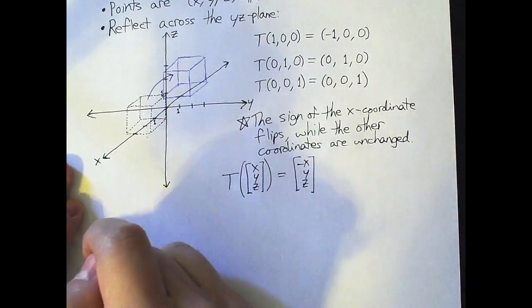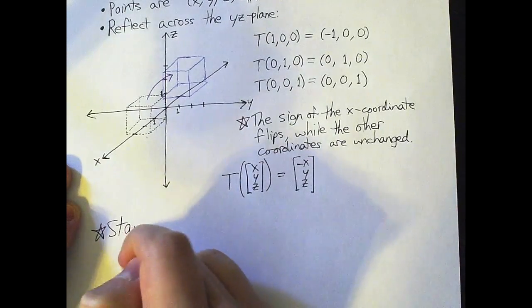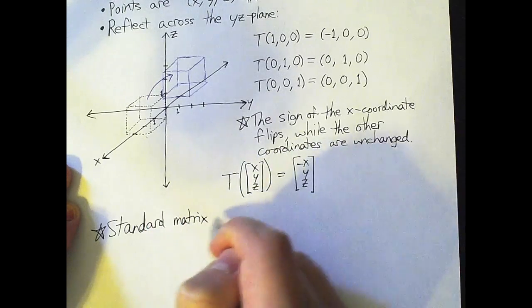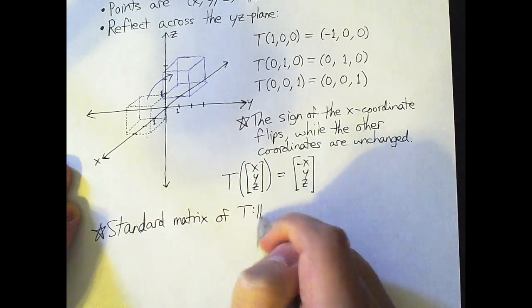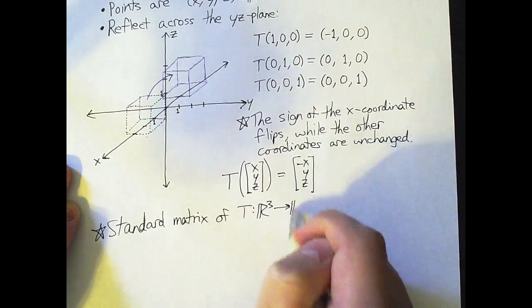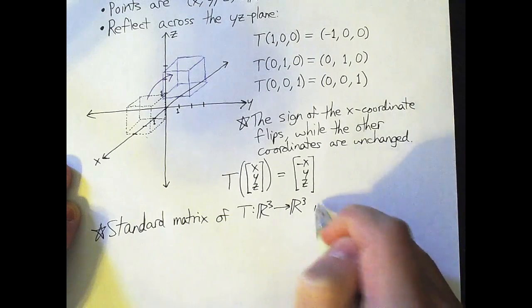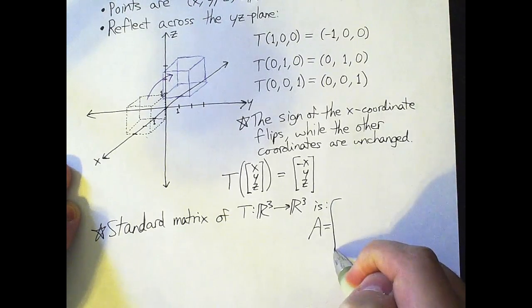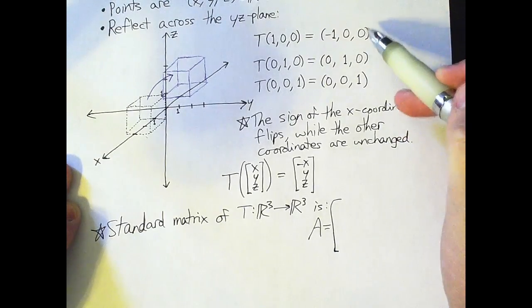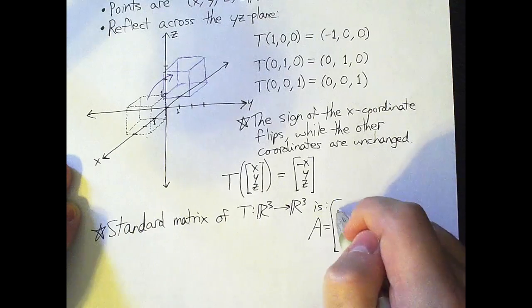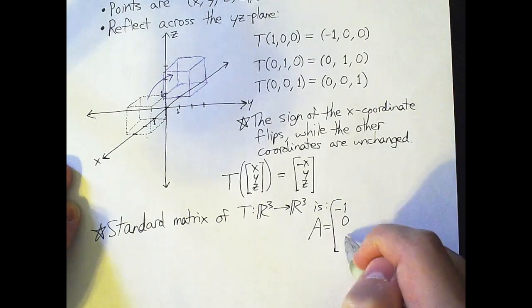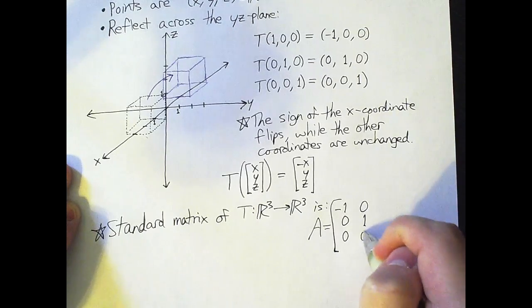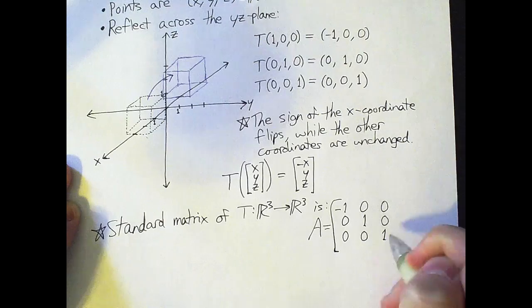And the standard matrix of this linear transformation from R3 to R3 is A equals... Well, it has to be a 3 by 3 matrix, right? You just take these three vectors that we found, write them as column vectors. So -1, 0, 0 was the first one. 0, 1, 0, 0, 0, 1.